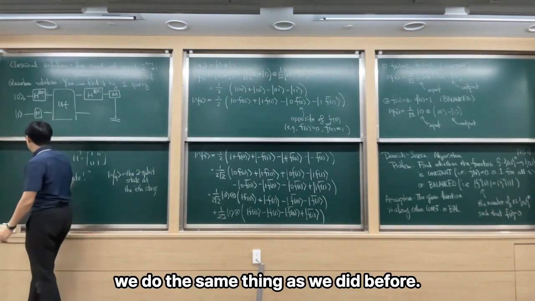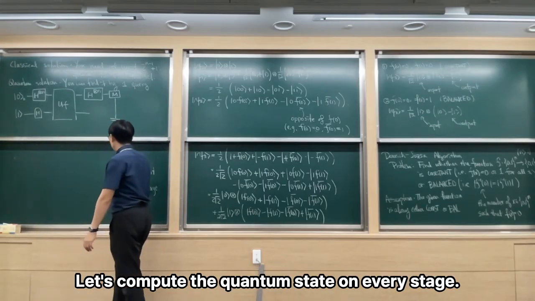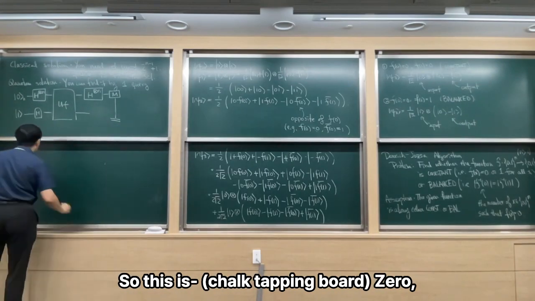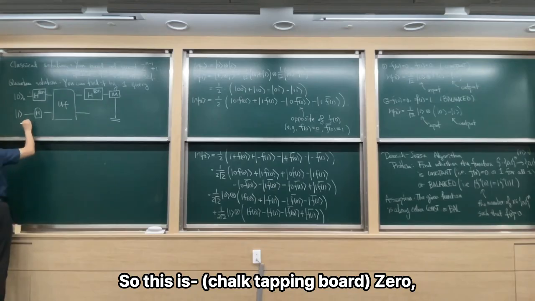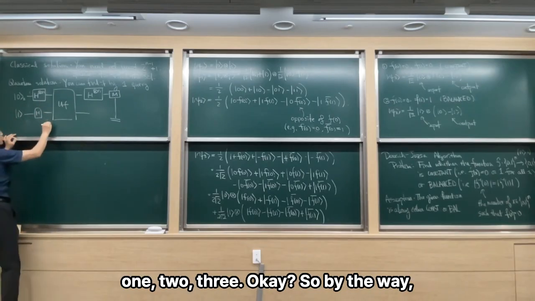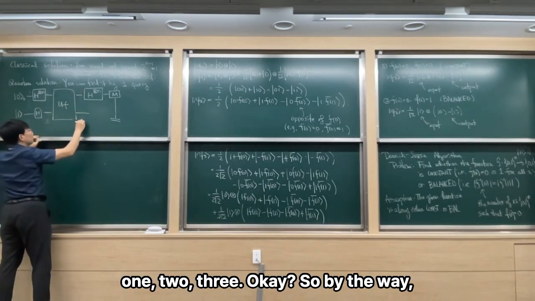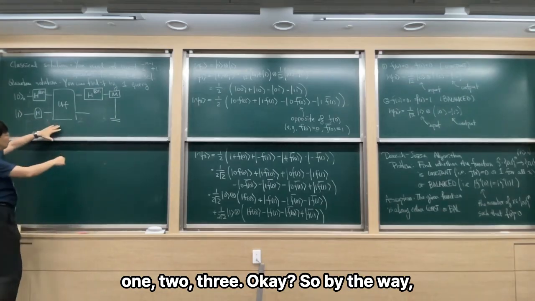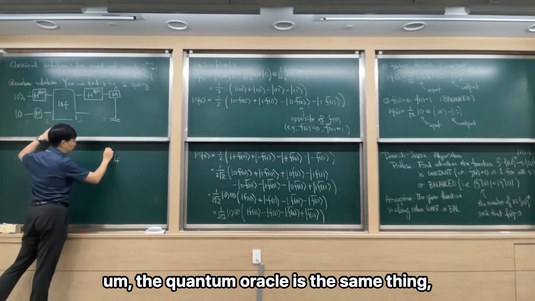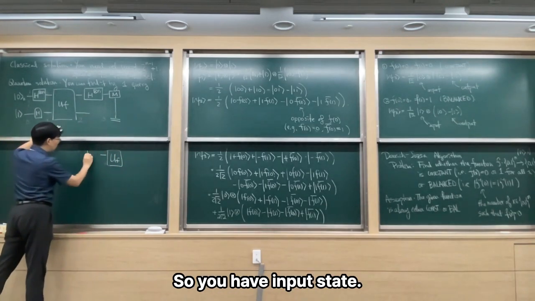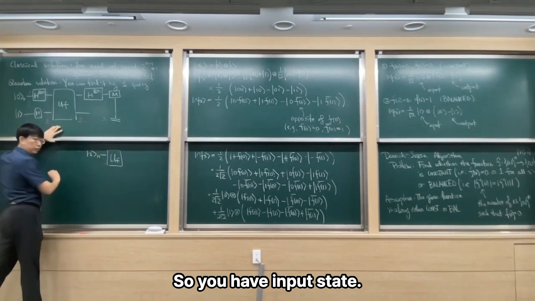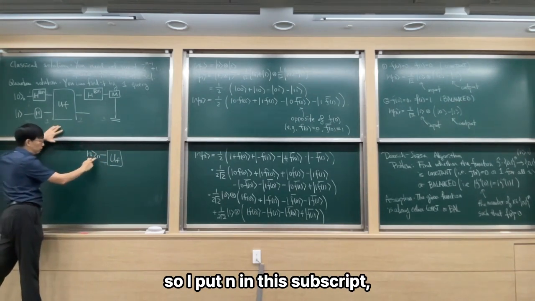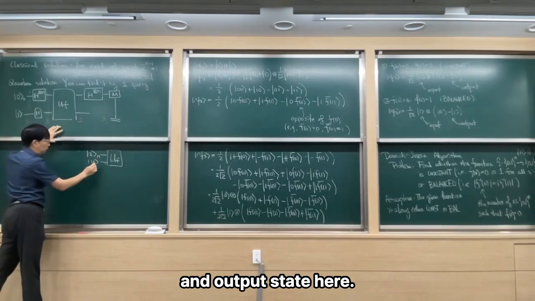So we do the same thing as before. Let's compute the quantum state at every stage. So this is psi 0, 1, 2, 3. By the way, the quantum oracle is almost the same thing. You have the input state, an n-qubit state, so I put n in the subscript, and the output state here.